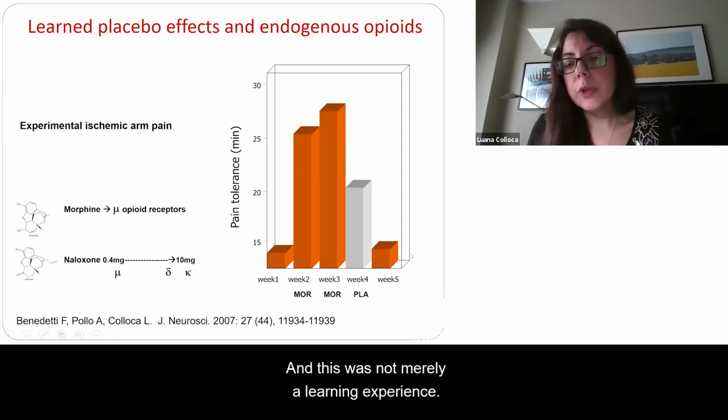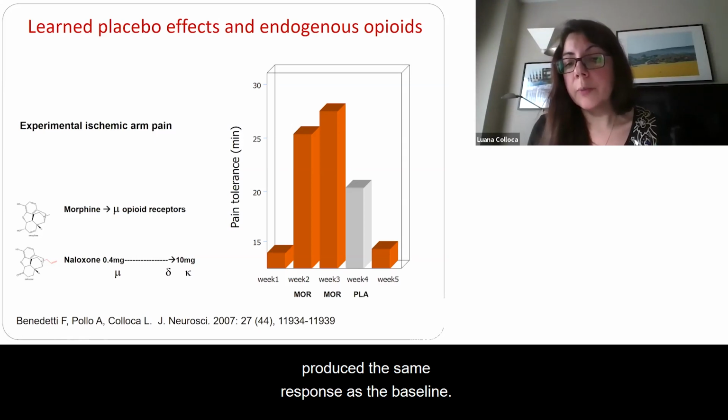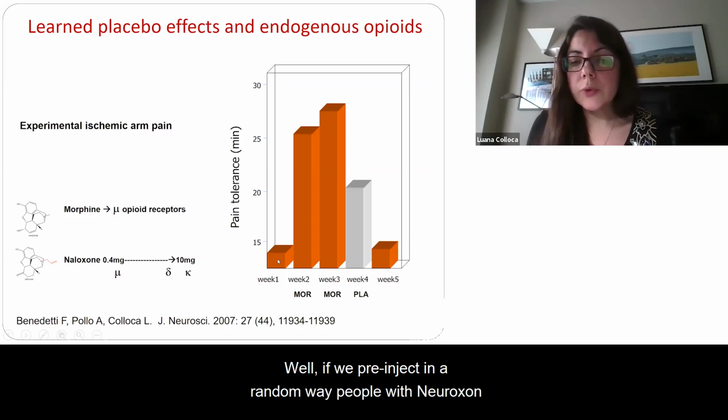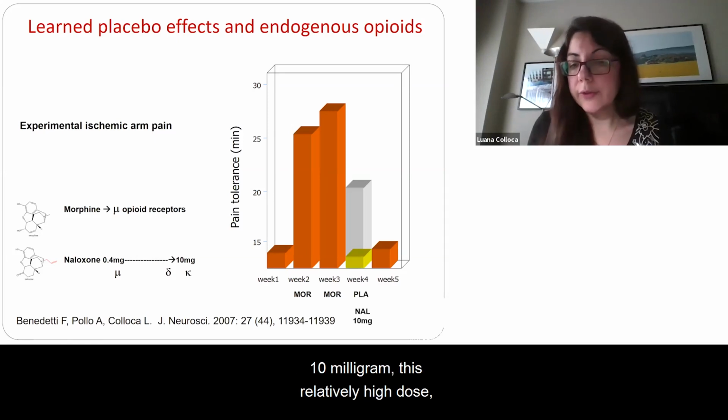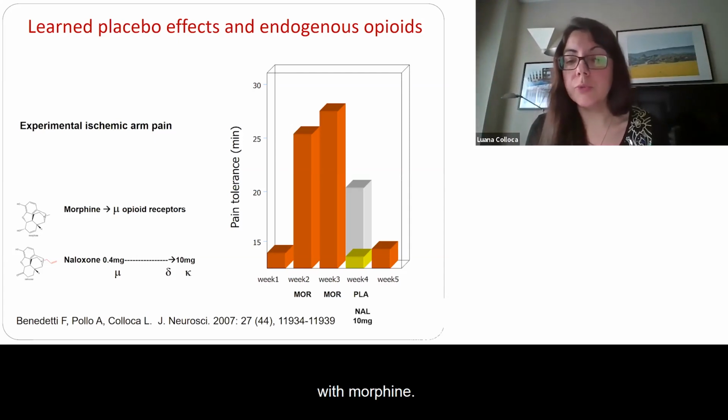And this was not merely a learning experience. In fact, 1 week later, a 1 week washout produced the same response as the baseline. Well, if we pre-inject people in a random way with naloxone, 10 milligrams, which is a relatively high dose, we block placebo analgesia induced by preconditioning with morphine.